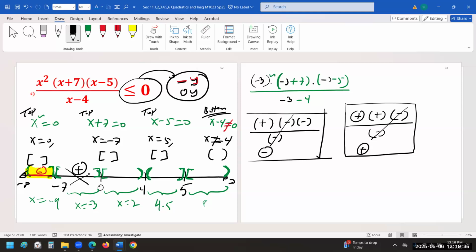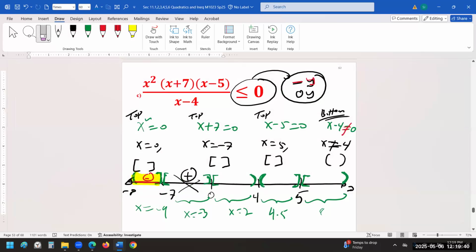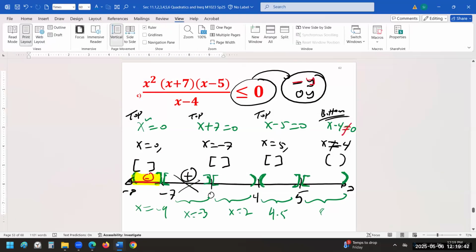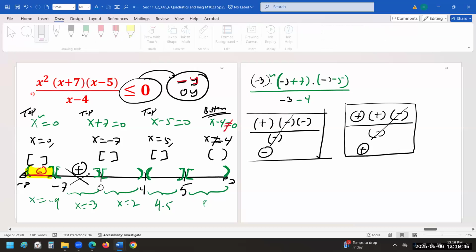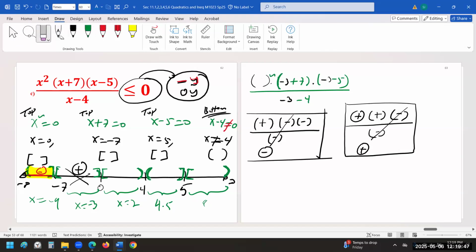Now our next interval is 2. Point x is 2. Let me erase all of this. All of these become positive 2. So 2, 2, 2, 2. x is 2. So what is your sign? 2 squared, positive. And then 2 plus 7, 2 minus 5.